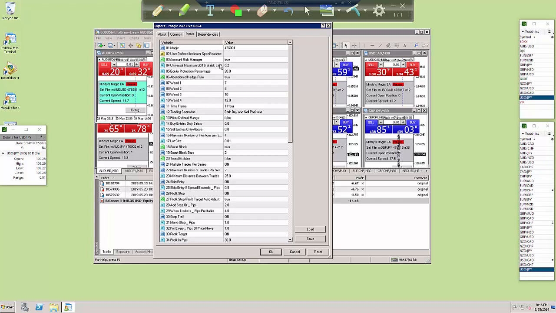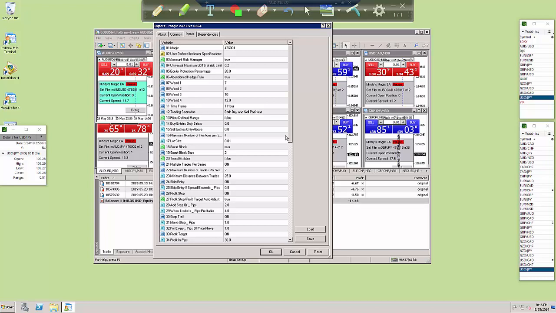A trade is at risk if it does not have a profit stop on it or if it is not hedged. But this controls how many lots can be at risk at any one time, and it also controls how ugly the open positions can get before the EA is going to turn itself off.